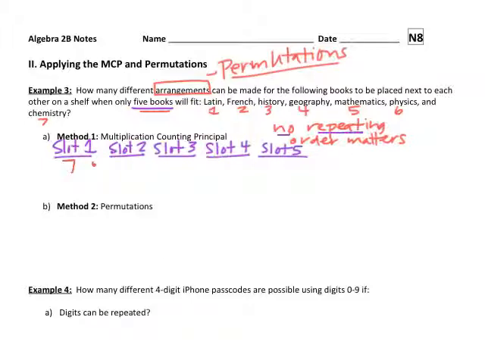But once we choose one of them, we're down to only 6 choices, and after we choose those 2, we're down to just 5 choices left to pick from, and then 4, and then 3. And remember, we're multiplying these numbers together because we're choosing this book and this book and this book, etc. So let's go ahead and multiply those together, and we get 2,520 ways to arrange the books.